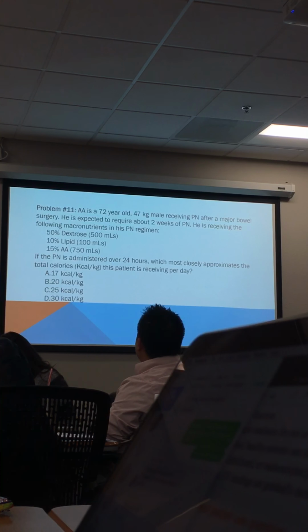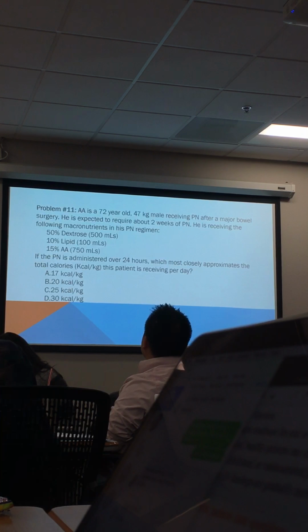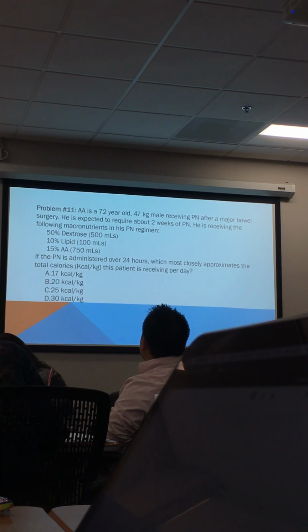Okay, so now this one, even though it's a multiple choice question, actually it's a calculation. In the exam, a question like this is actually easy because when you calculate, you have choices to choose from. You know if you are right or not, right?